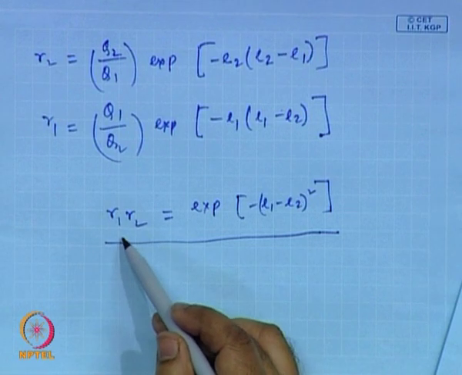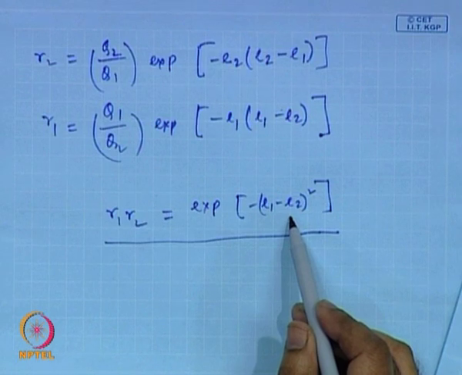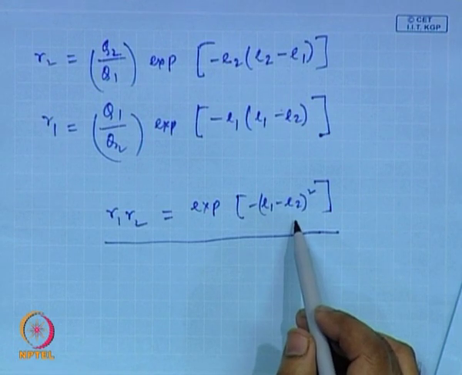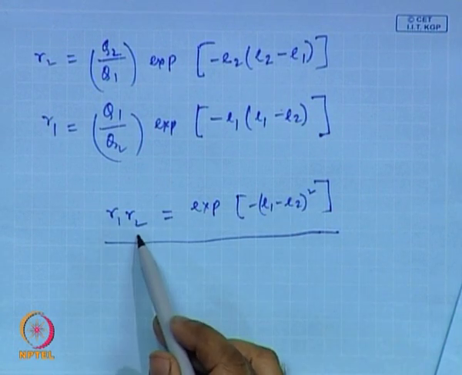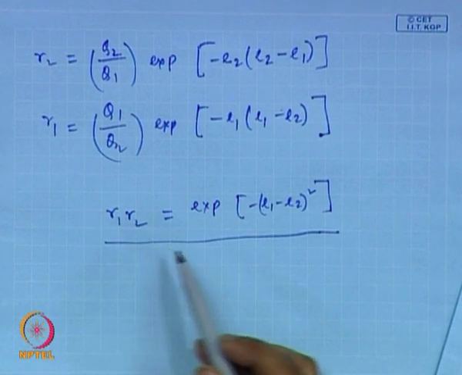Now, if E1 is very close to E2, that means the electronic charges of the double bond in the monomers are very close, then obviously this will become close to 1 and we get a random copolymer.